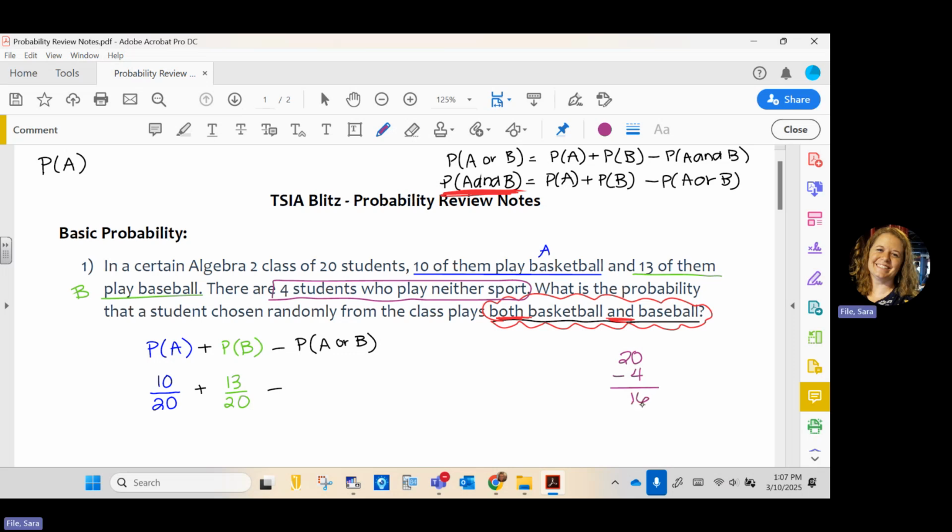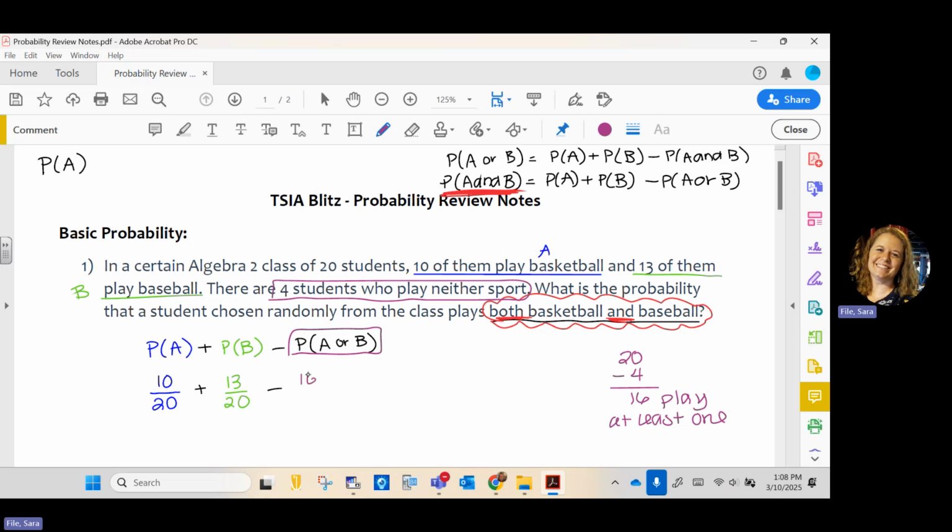That leaves 16 who play at least one of the sports. Because 4 of them play nothing, that leaves 16 that play at least one.